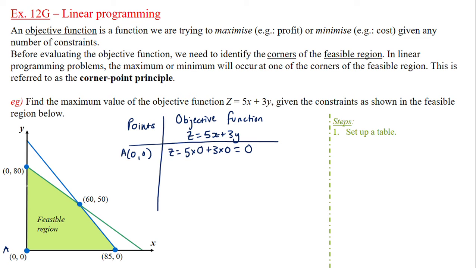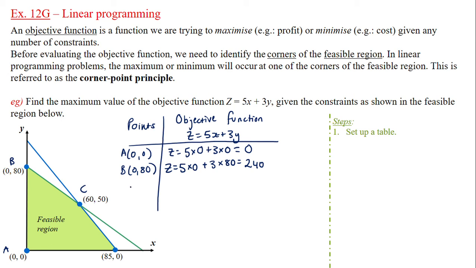The next point, let's move clockwise around, is B, 0, 80. So we substitute 5 times 0 for x plus 3 times 80 for y, and we get 240 as our value at that point for the objective function.